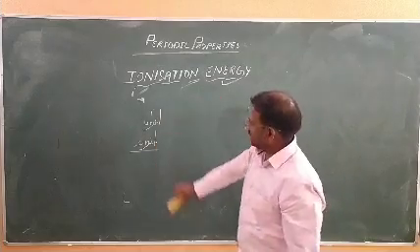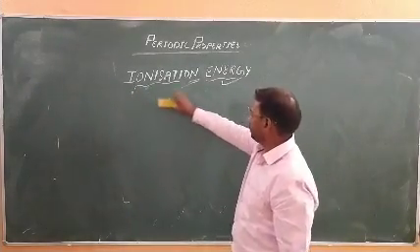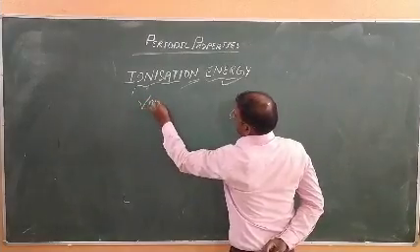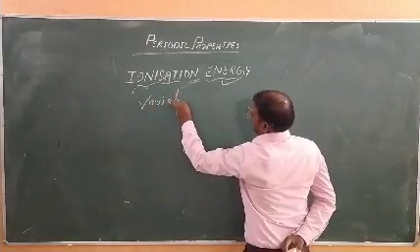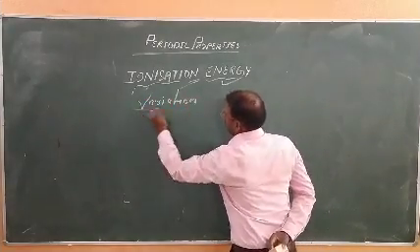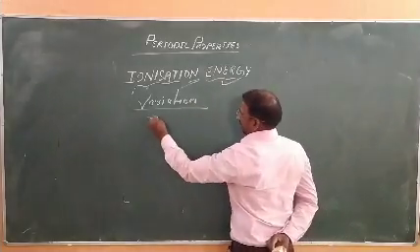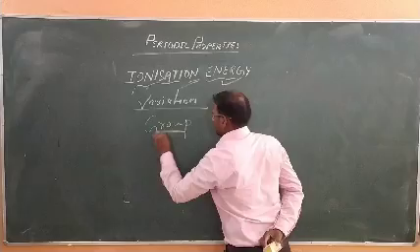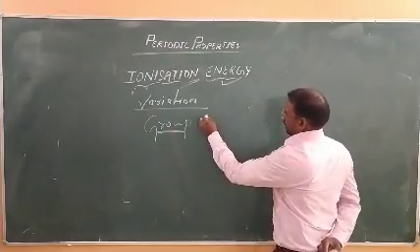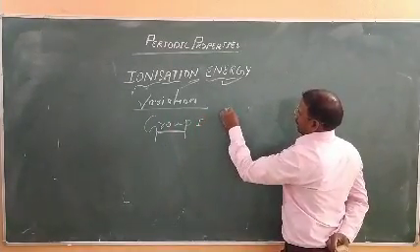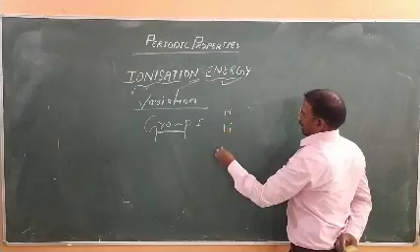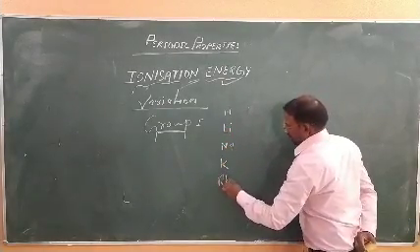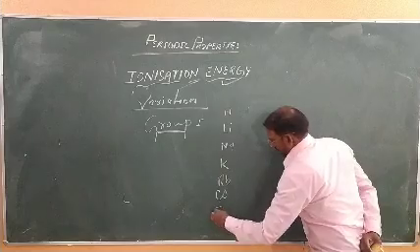Now next is the variation of ionization energy. I am taking the example of a group first.